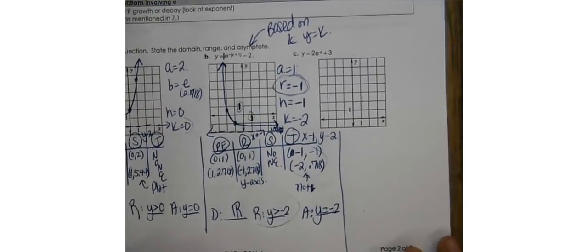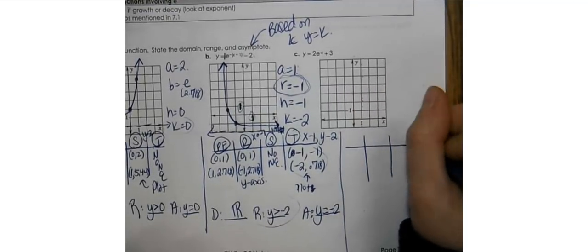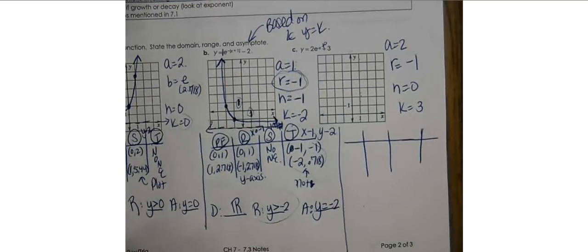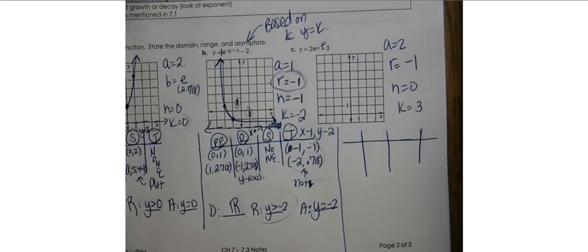Our last example, I'm going to create my table just to get it ready to go. I have my A value equal to 2, my R value equal to -1, my H value equal to 0, and my K value equal to 3. If you want to put a +0 up there in the exponent position, that's fine, but you don't have to, just to establish that your H value is 0.